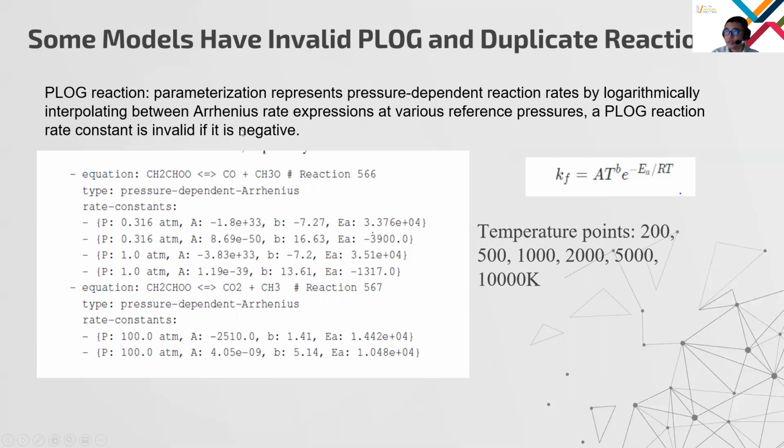So what is a PLOG reaction? It is the pressure-dependent Arrhenius reaction. For this type of reaction, at each reference pressure point, it has different Arrhenius parameters. So we may need to take the logarithm of the forward rate constant calculated from each reference pressure point.